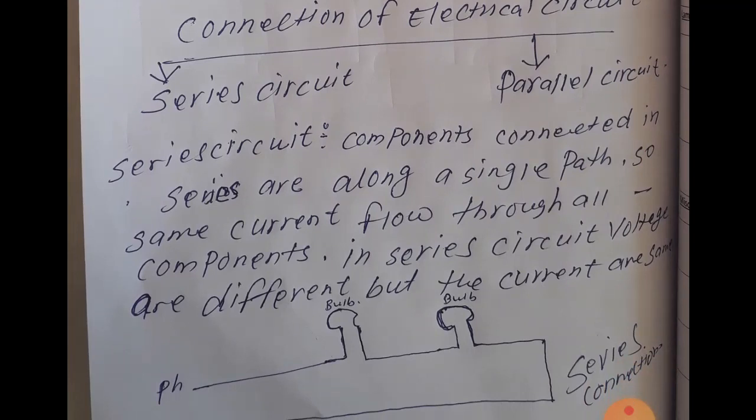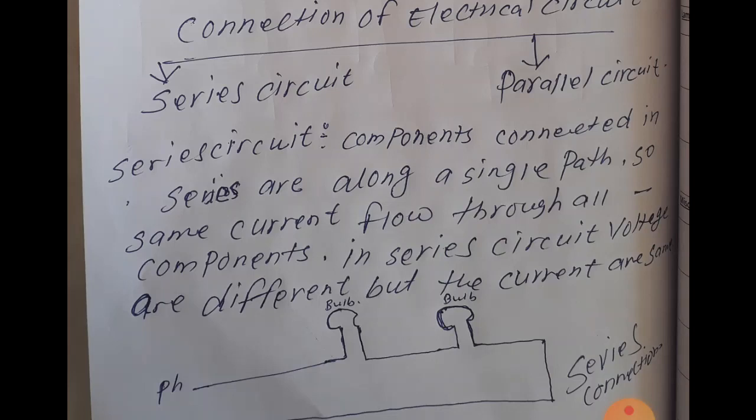Components connected in series are along a single path, so the same current flows through all components. In a series circuit, the voltage is different but the current is the same. We cannot use series circuits because of voltage drop.